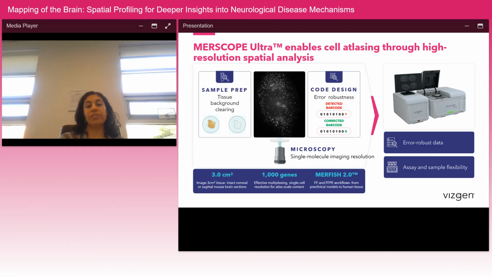The MERSCOPE is effectively the commercialization of the MERFISH technology, and it involves 3 major components. Sample prep, in which we get rid of the background of everything except the RNA in your sample.